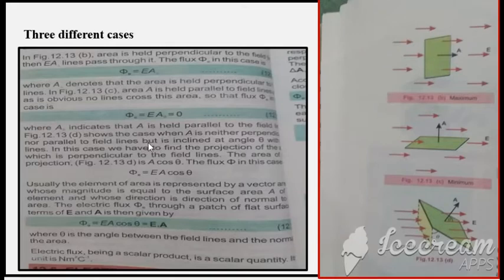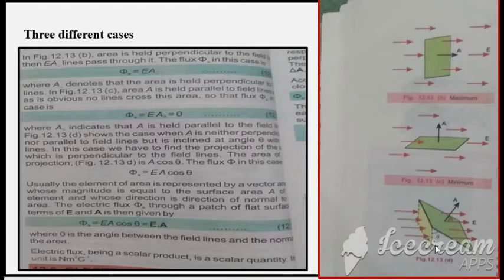Here it is written, the area is inclined at an angle theta with the lines. In this case, we must find, look at the position of my cursor, the projection of the area which is perpendicular to the field lines.